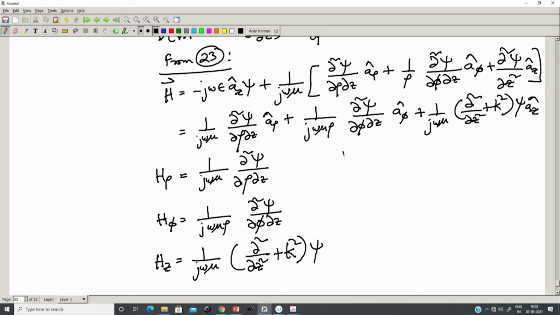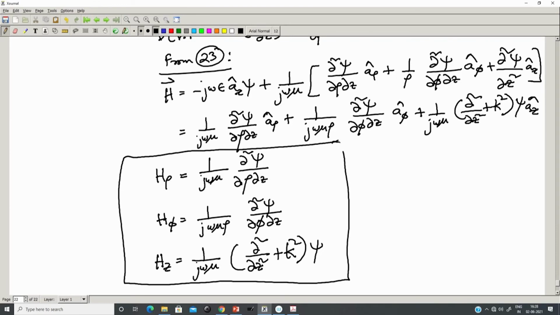So, these are the 3 magnetic field components in the cylindrical coordinate system for F equal to uz psi. Let us call this equation 24.